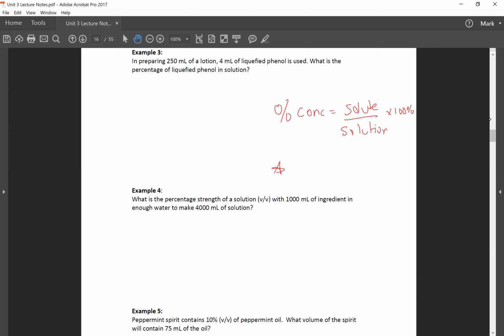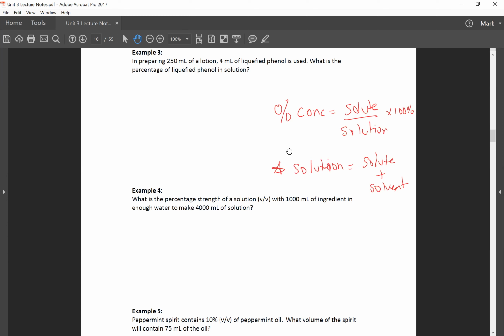A little hint here is the solution is your solute plus your solvent. Okay, I'll stop talking. Actually, let me check the chat first.